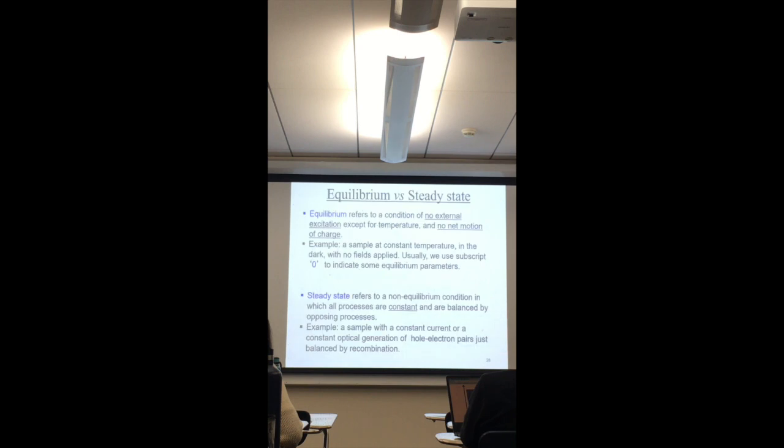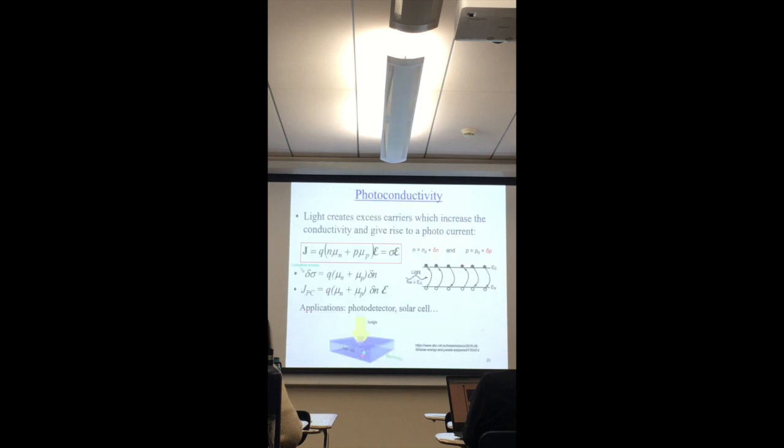Right. Okay. Now we can discuss photoconductivity. This light can create excess carriers, which can increase the conductivity, and this can give rise to a photocurrent. This is called photoconductivity.